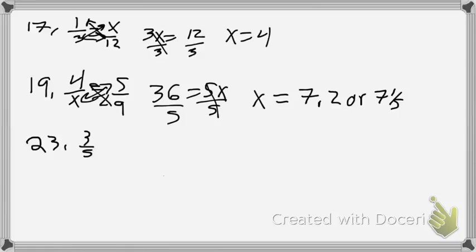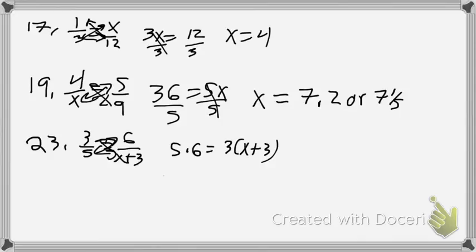23. Now this one, instead of just a variable there, we have x plus 3. The fact that the problem itself is getting more complex in no way changes how we approach it. We're solving a proportion. We solve proportions by cross product, cross multiplication, so we have 5 times 6 equals 3 times x plus 3.